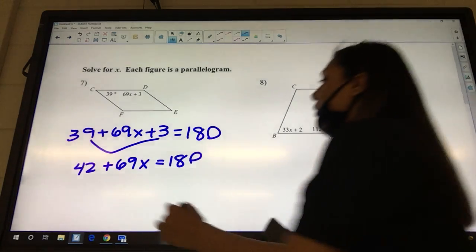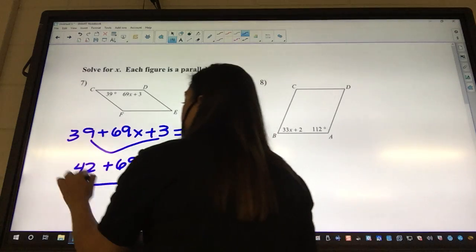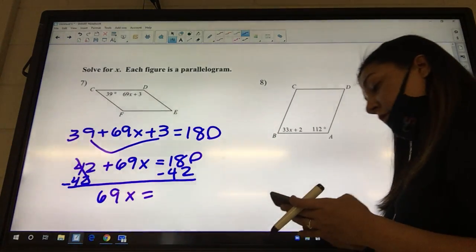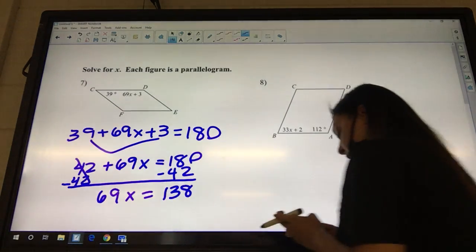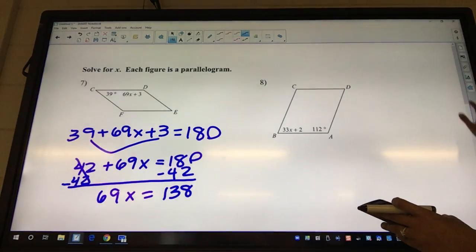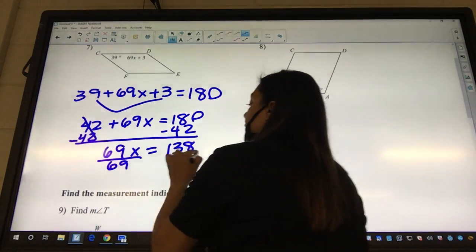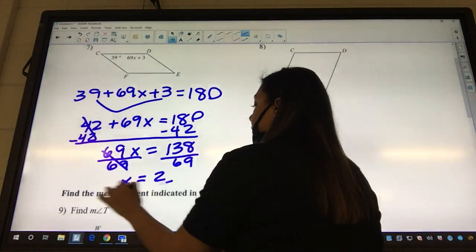Subtract that 42 on both sides. So I got 69x equals something. 138. And then now we divide. So we divide by 69. I got x equals 2.